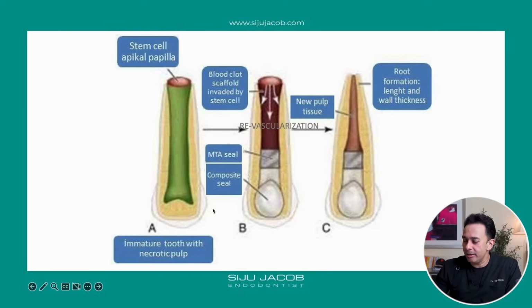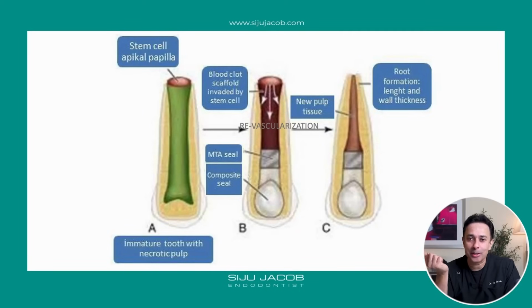So the idea is if you can induce bleeding here from the apical area and allow blood to flow into the canal, then this blood clot will act like a scaffold into which the stem cells can invade and then start performing the way a pulp does. So the idea is these stem cells can invade this pulp space and then form a scaffold and then convert whatever tissue is there into sort of like a pulp-like tissue, which starts performing all the functions that a pulp is meant to do. So that's the theory, all right?